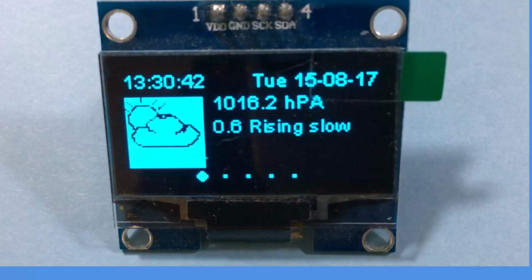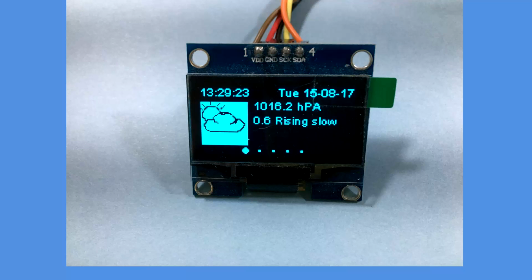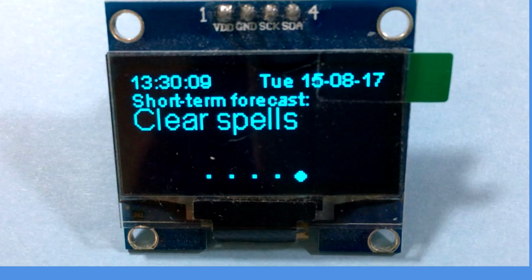Cycles round again. This is the first display category, which shows you real time and date, current air pressure in hectopascal, whether the air pressure is rising or falling, and it has 6 different categories. In this case it's rising at 0.6 hectopascal per 3 hours, and the forecast is sunny intervals or clear spells.